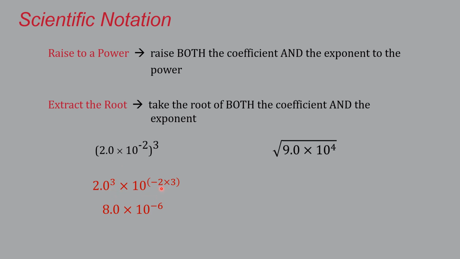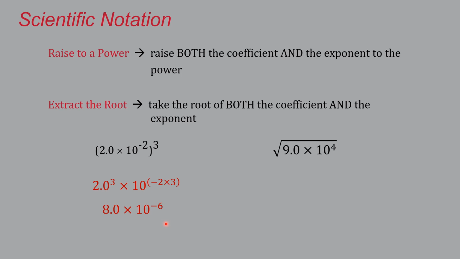The way that you raise an exponent to a power is you multiply it. So 2 to the third power is just 2 times 2 times 2, which is 8, and negative 2 times 3 gives you a power of 10 to the negative 6. So the cube of 2 times 10 to the negative second is 8 times 10 to the negative 6.